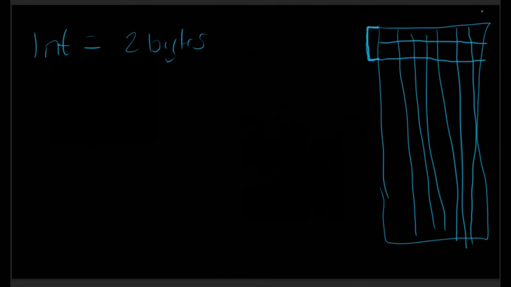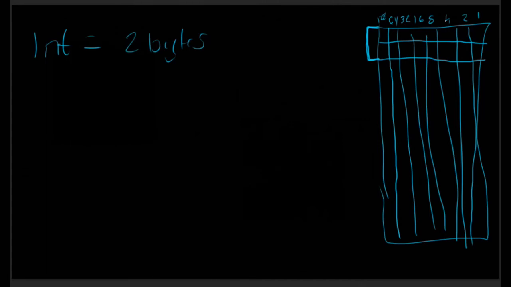Now, if you remember, we were looking at this, and this is 1, 2, 4, 8, 16, 32, 64, and then 128. Right? Is that right? 1, 2, 3, 4, 5, 6, 7, 8. Yes.